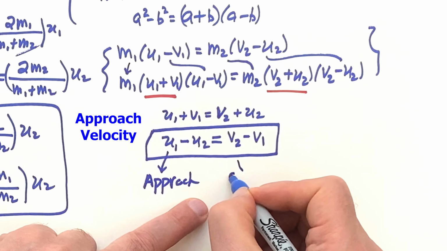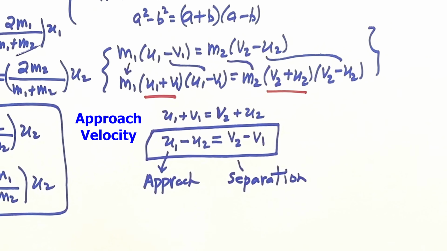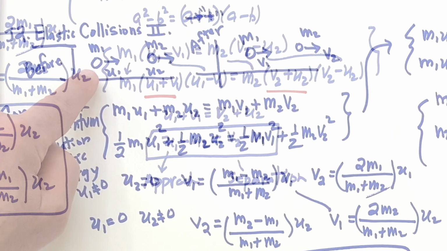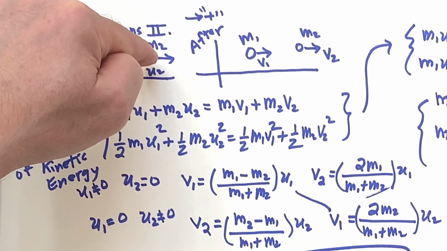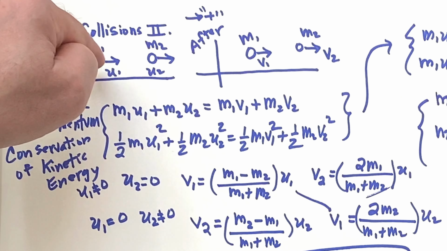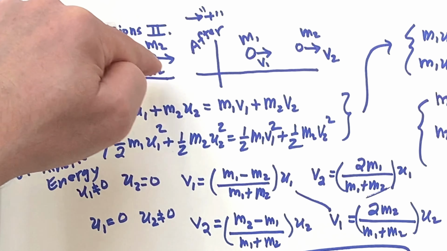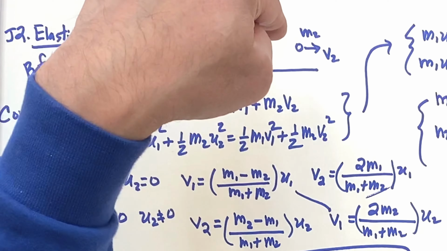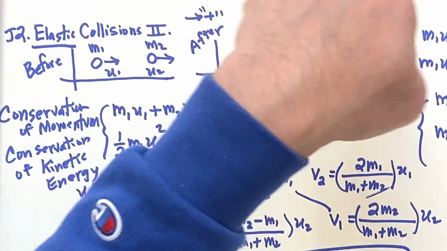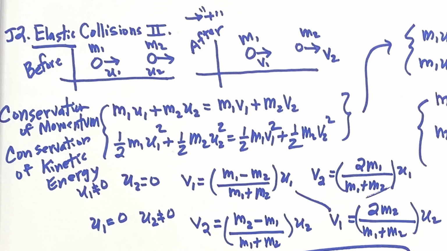So we have the same rule that we had before, that the velocity of approach, go back up here, here you have U1, and you're subtracting this speed, and just think of this speed being less than this speed so I can catch up with it. That's going to be my velocity of approach. If it's negative, well then the velocity of approach is greater because you're coming at each other. And then here, you're taking V2, that's leaving me, and subtracting my speed. That's how we're spreading apart. Separation velocity. So that's still the case.